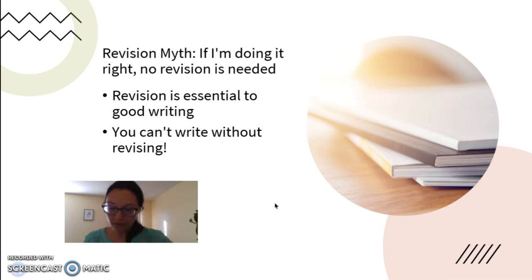Well, you didn't make a mistake. Revision is a good thing. Revision is essential to good writing. You can't write well without revising. And so we can't look at feedback negatively, but rather as an opportunity to make your writing even better.